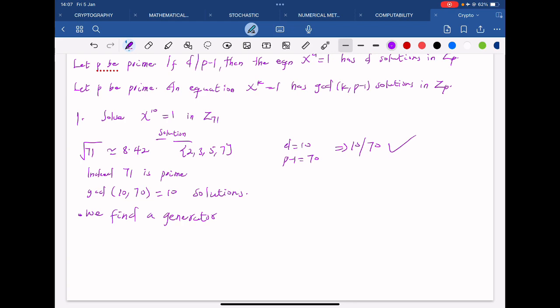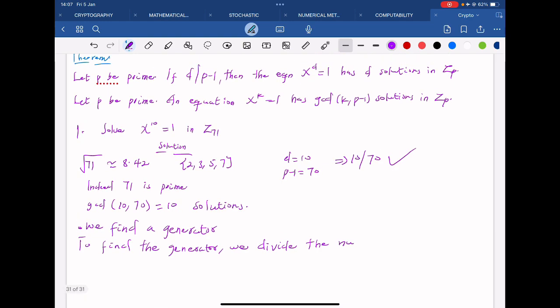To find a generator, we divide the number P minus 1 by the number of solutions.